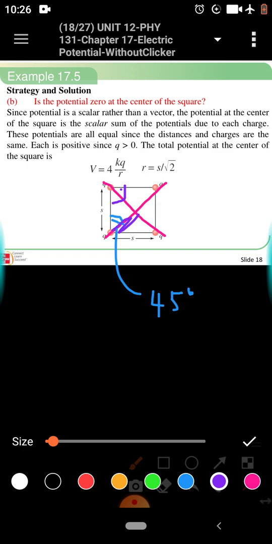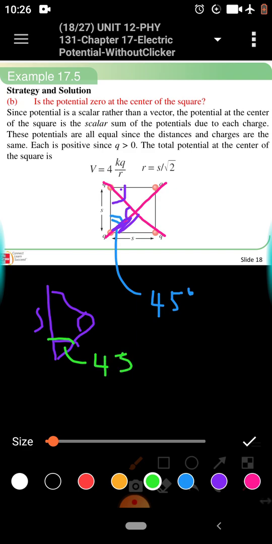So now if I want to find this distance, how do I do it? Here it's 90 degrees, so I'm given the hypotenuse, which is s, and this angle is 45 degrees. But I want this side, so what would I do?